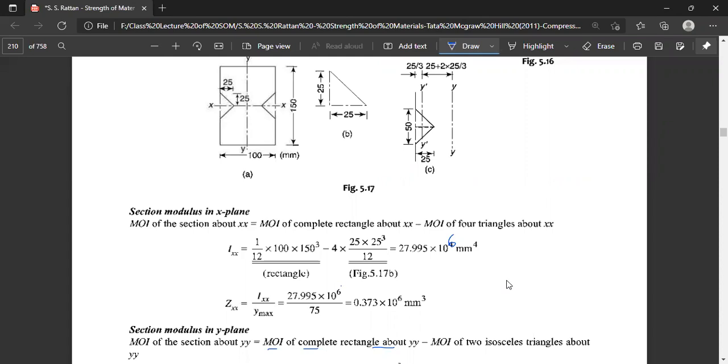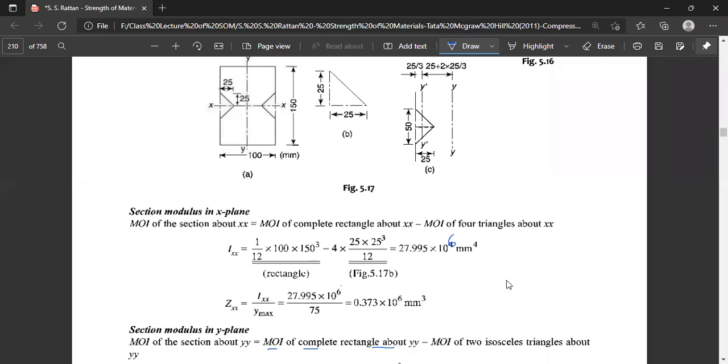So first of all, this is the rectangle drawn separately, and the base of the rectangle is 50 and the height of the rectangle is 25. And if we draw a straight line through the CG of this rectangle, it will go through like this, at 25 by 3 from this base.